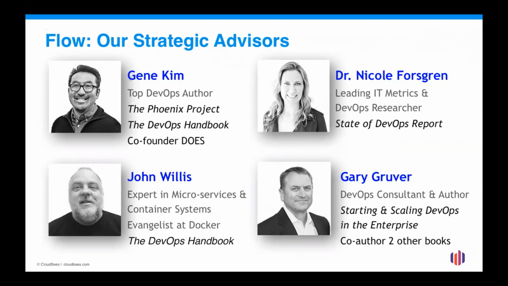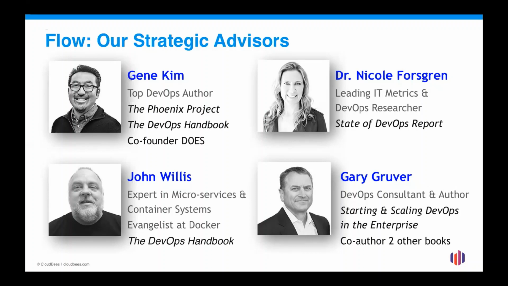Most of them may ring a bell to you: Gene Kim, the Phoenix Project, Nicole Forsgren, who is at the birth of the State of DevOps report, which used to be edited by Puppet and now by DORA. John Willis, who is our DevSecOps security specialist. Gary Gruver, who is also a star consultant in terms of scaling DevOps.